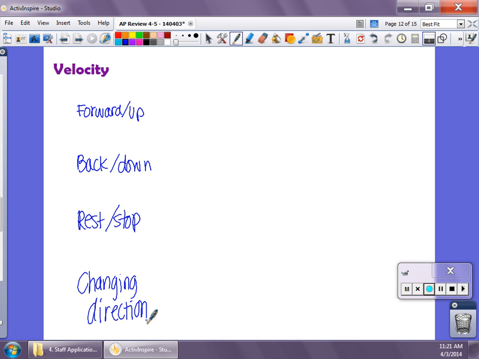Okay. Nick, forward, what does that mean, forward or up? Is positive. Good. Gustavo, how about back or down? It is negative. Lottie, stopped. V of t equals 0.